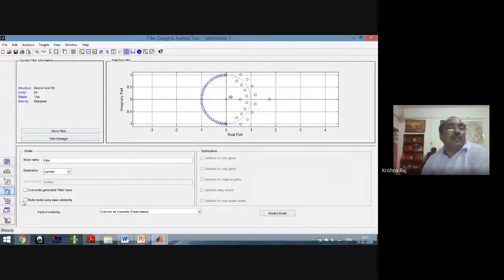So here we have selected this one, that is, realize the model. When we select realize the model, all the concepts will be included, and we will get one block diagram having the input and the output.